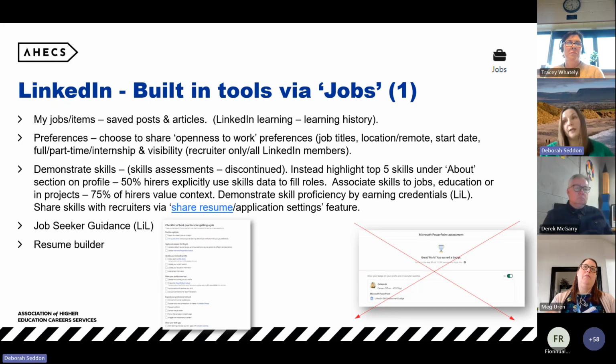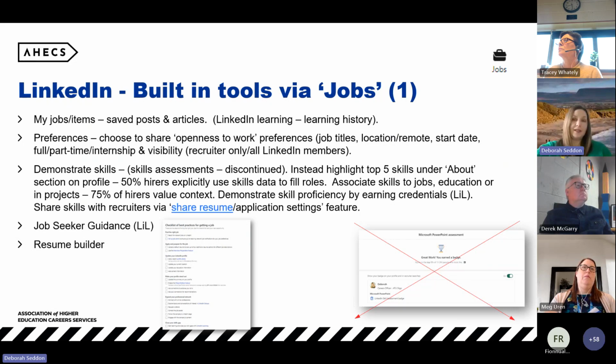This does not need a premium account, and I think sometimes the students that I come across think they need a premium account to access this. You do not. There are additional features that you can get from this if you have a premium account, but it's got so many uses even if you haven't.